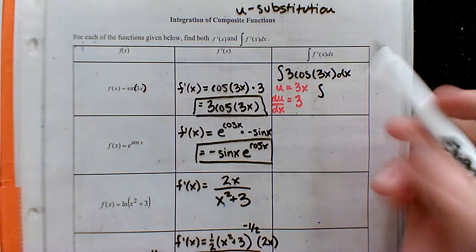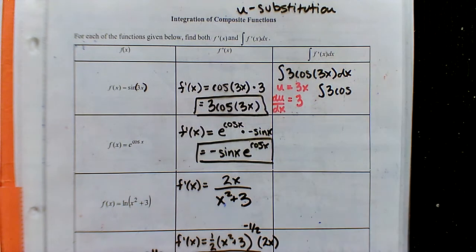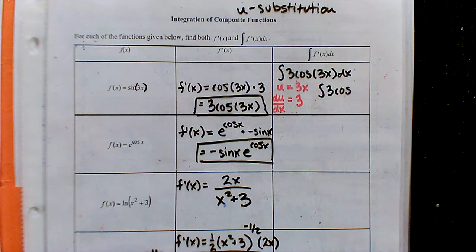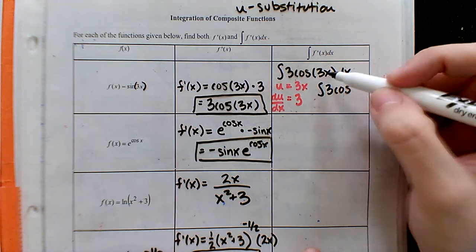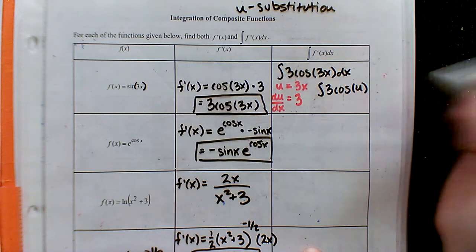We're going to keep the 3 in front of the cosine because we didn't really identify that to be anything. But instead of 3x, what can we substitute into its place? This is why it's called U substitution. U, right? Instead of 3x, we said that would be U.